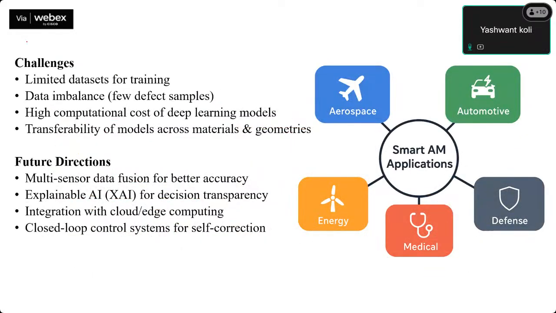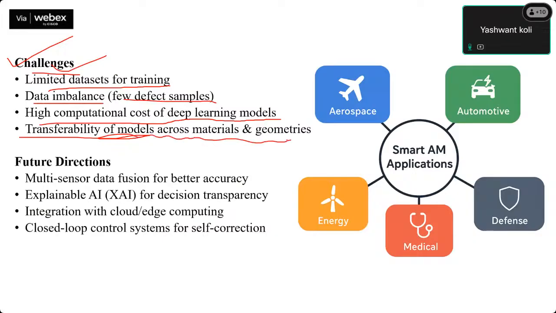So these are the challenges. We are nearly at the end of the presentation. Challenges: limited data sets for training, data imbalance, few defect samples, high computational cost of deep learning models, and transferability of models across materials and geometries.